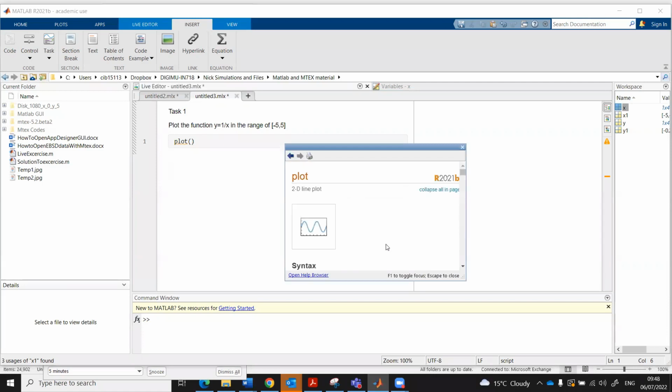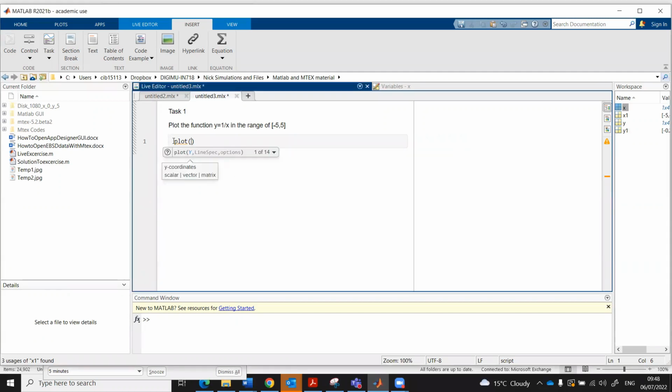This is what we had in our last video. As you remember, we need to input x and y: the set of x values and the corresponding y values.